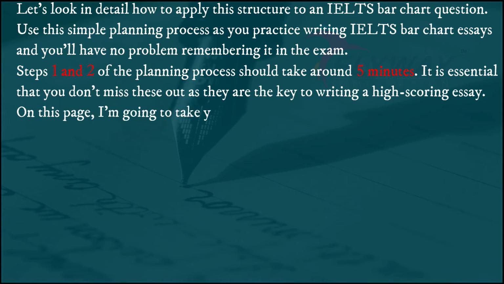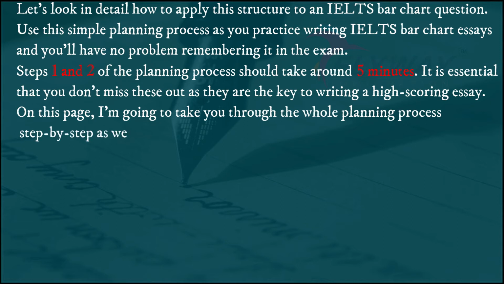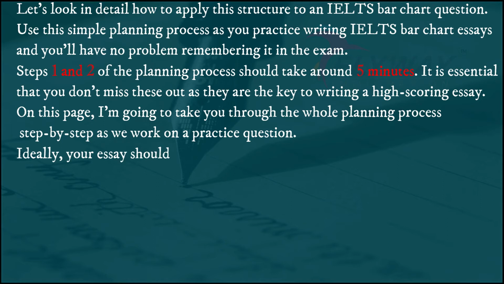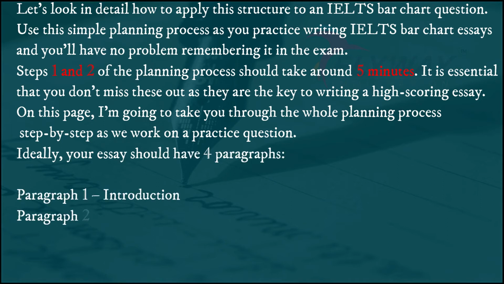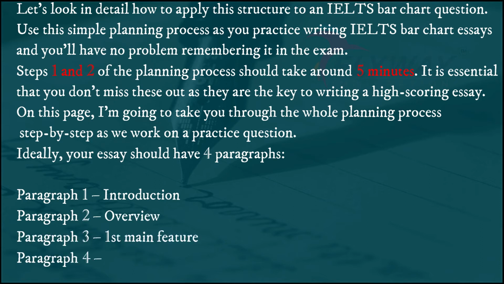On this page, I am going to take you through the whole planning process step by step as we work on a practice question. Ideally, your essay should have 4 paragraphs. Paragraph 1, Introduction. Paragraph 2 consists of Overview. Paragraph 3, First main feature. Paragraph 4, Second main feature.